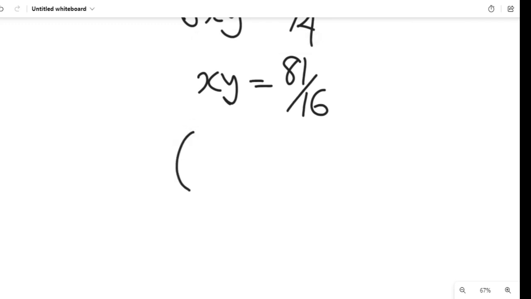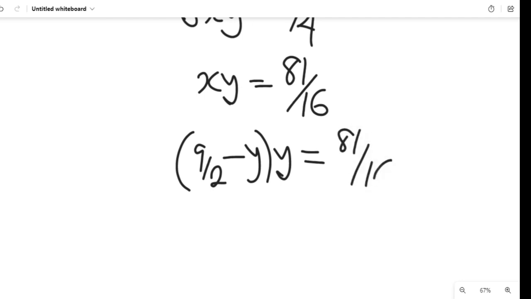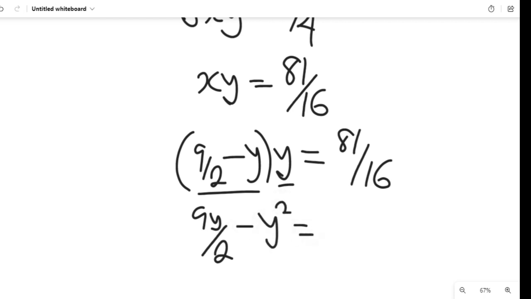We'll have 9 divided by 2 minus y, all multiplied by y, equal to 81 divided by 16. So we'll have 9y divided by 2 minus y squared equal to 81 divided by 16.